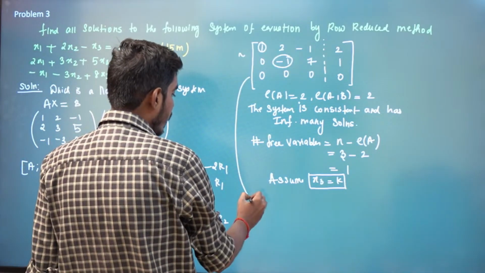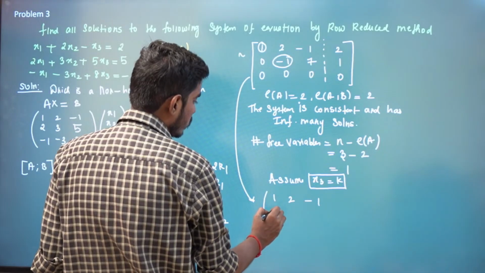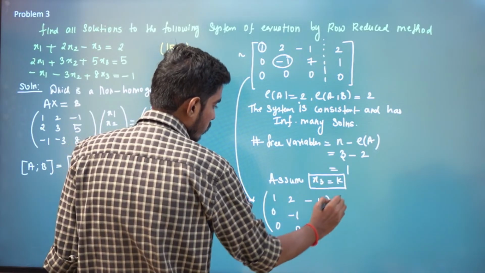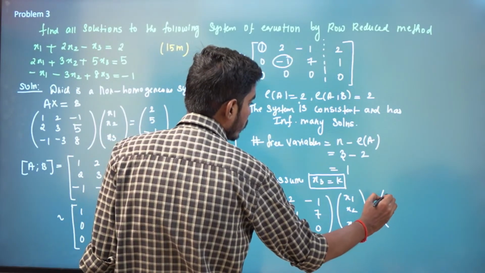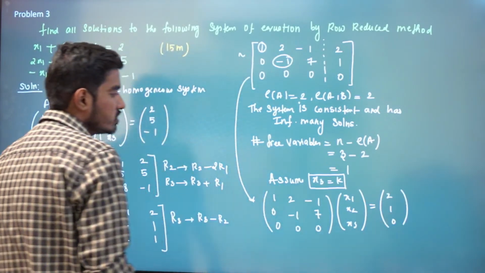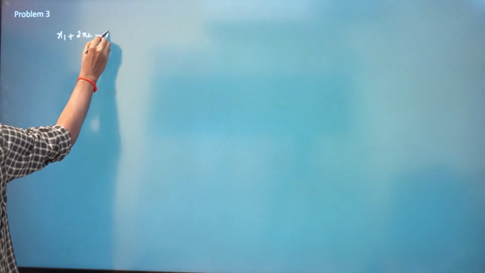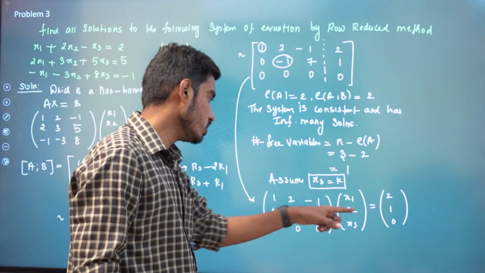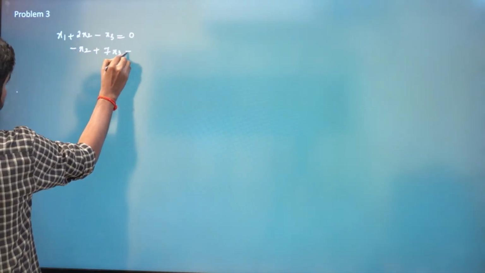Now you write this back in AX equal to B form: 1, 2, minus 1; 0, minus 1, 7; 0, 0, 0, times x1, x2, x3, and the output vector is 2, 1, 0. Now we have a system of equations, right? x1 plus 2x2 minus x3 is equal to 0, and minus x2 plus 7 times x3 is equal to 0.